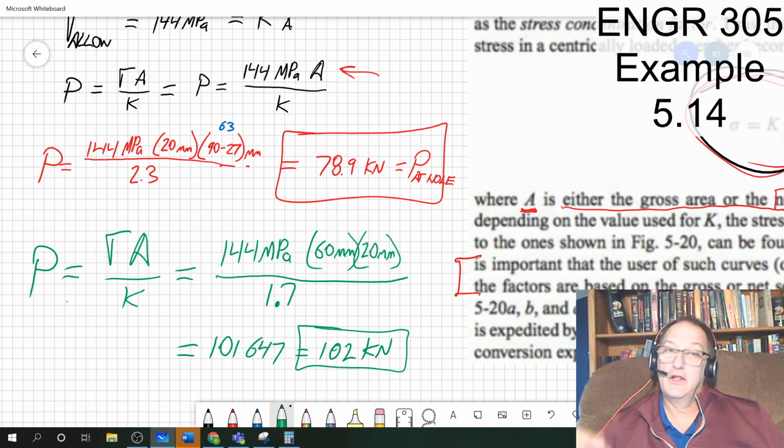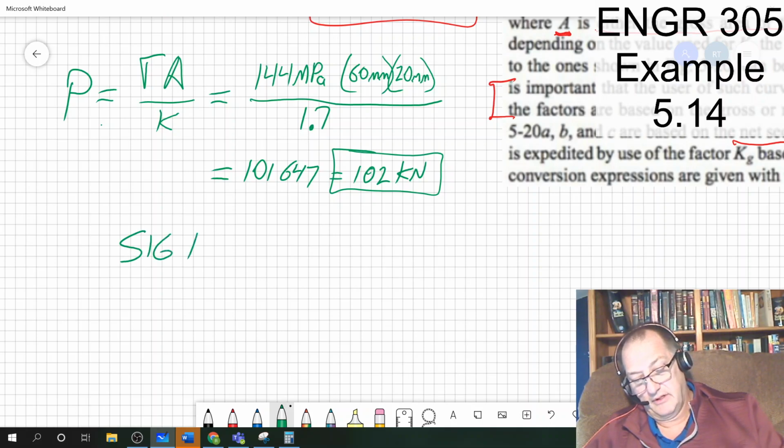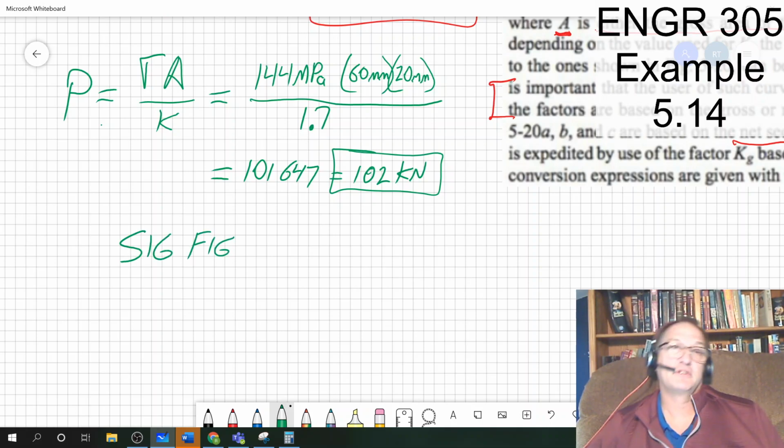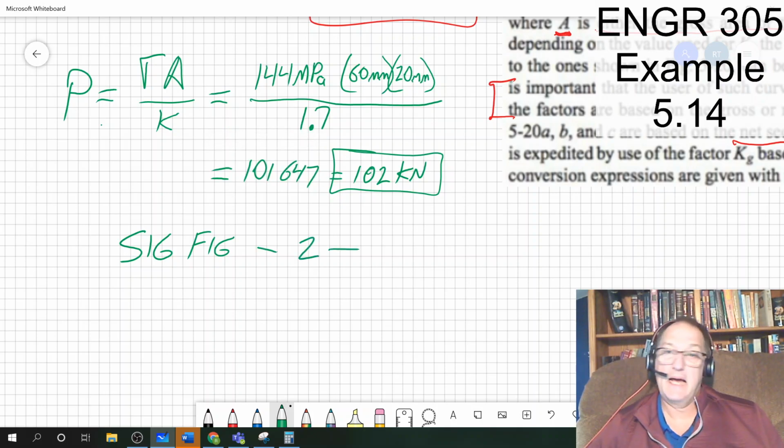Anyway, some interesting lessons to take away from this. One, I really think, is sig figures. For these problems, we really have only 2. We cannot get that stress concentration factor out of those charts beyond 2 significant digits. So that's the first thing I want to note.